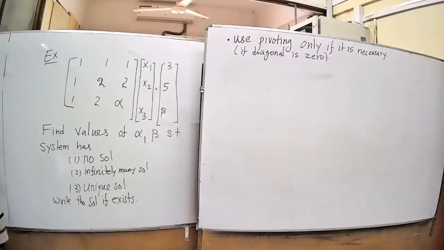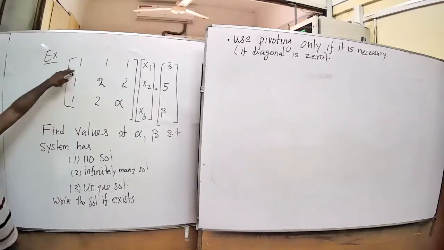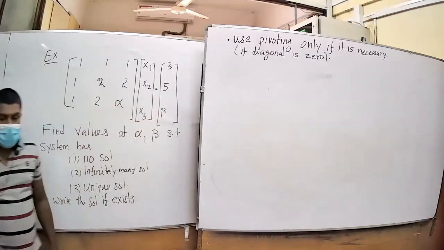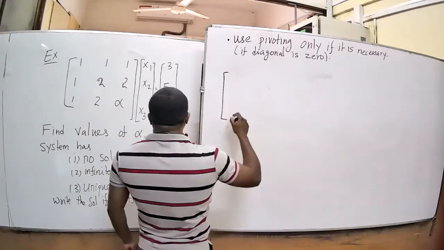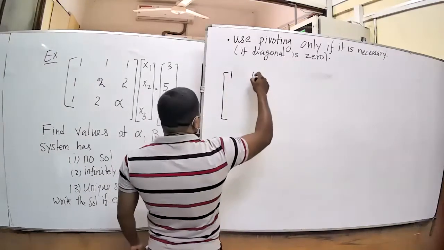When I do Gaussian elimination, I have to do it for the right hand side as well. So I will do it for the augmented matrix. You must have learned this somewhere in your lower level math.